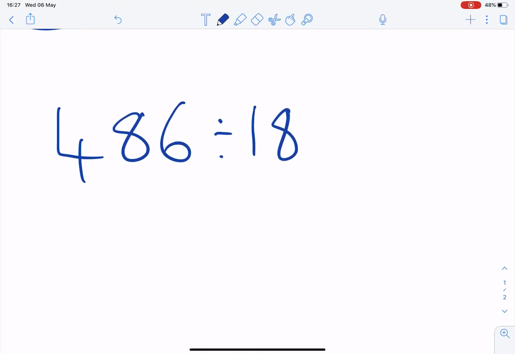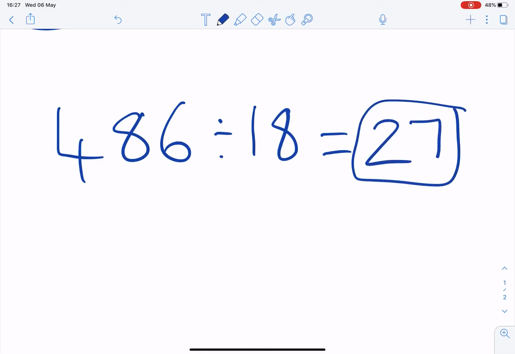Number 1 says, use your calculator to check whether the following number sentences are true by using multiplication. Now, we know that the opposite of division is multiplication. So if we look at number 1A, we have got 486 divided by 18, and they tell us that the answer is 27.